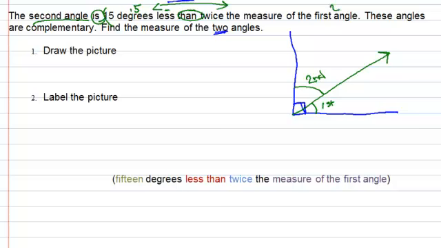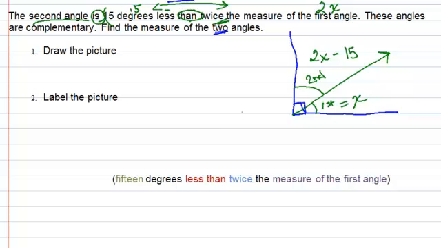So the first angle, that's my x. This one we had 15 degrees less than twice the first. So twice the first is 2x. The than is switching the order, so that's 2x. It's a subtract, minus 15. So again, make sure you go through that so you understand where that 2x minus 15 came from.